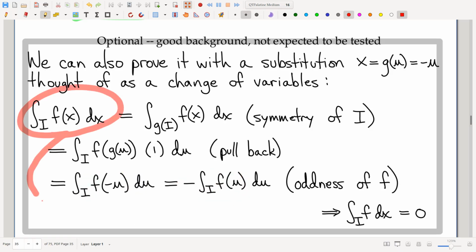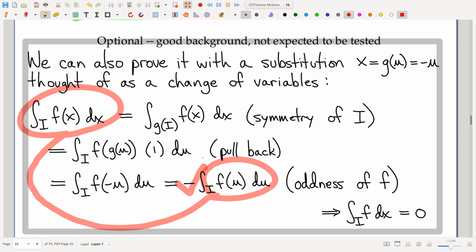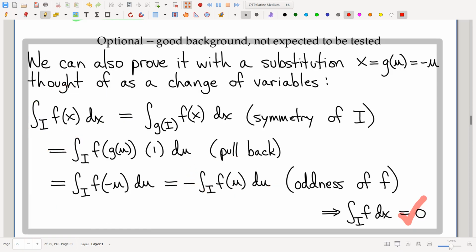This integral we now see is its own negative. What could the value of this integral be that is its own negative? And of course, 0 is the only number that is its own negative. So, boom, lovely little argument, and change of variables is what gets us there. What do you think? Everybody follow the idea? Okay. All right.